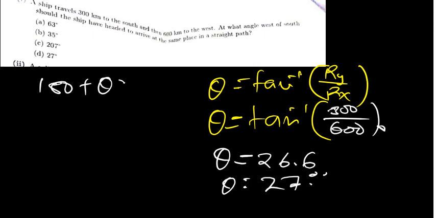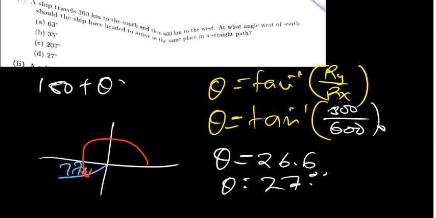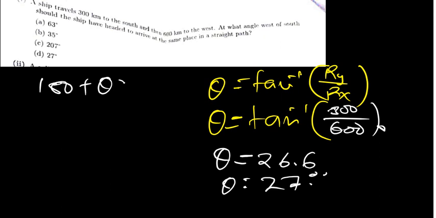Now, let me tell you, this angle which we have found here is 27. So we want to find the angle from this line until it touches this line. That's the reason why we are saying 180 plus 27. So what is 180 plus 27? 207.